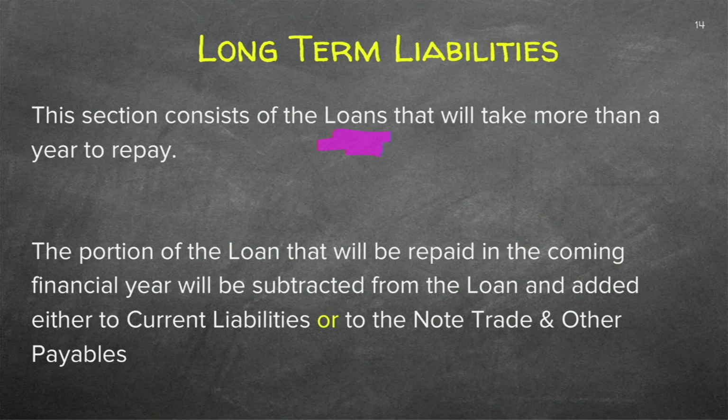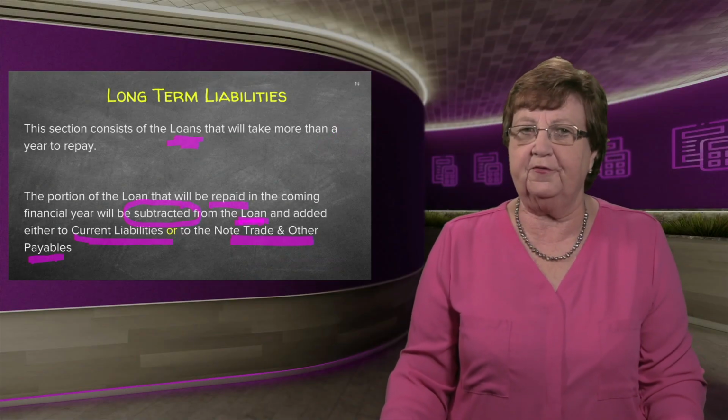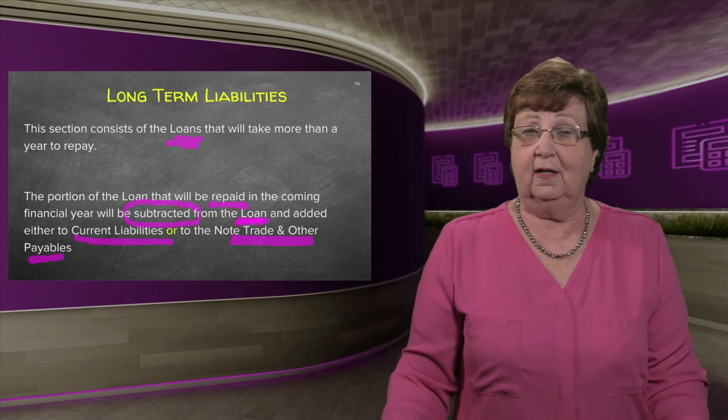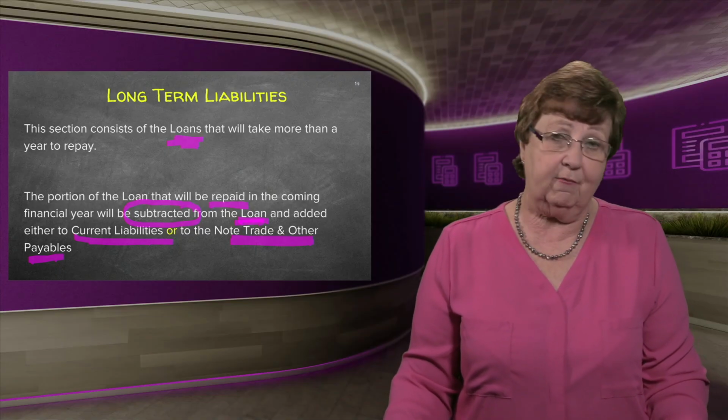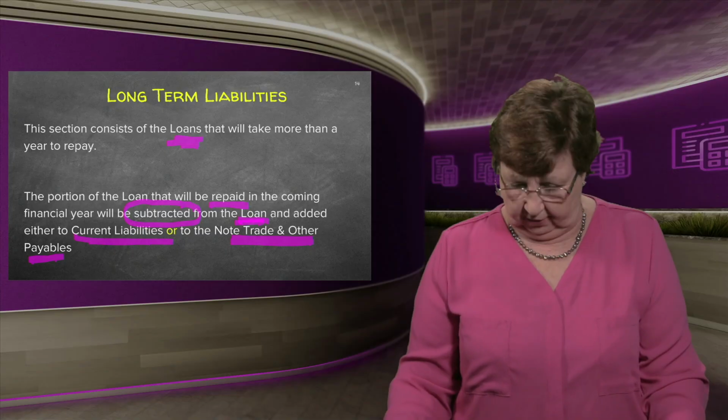So the portion of the loan that will be repaid in the coming financial year will be subtracted from the loan and added to either current liabilities or to the note, trade, and other payables. Again, we have done this in grade 11, so it's a little bit of revision. So just remember that the amount of the long-term loan plus the amount of the current or the short-term loan will add up to the original value of the loan.